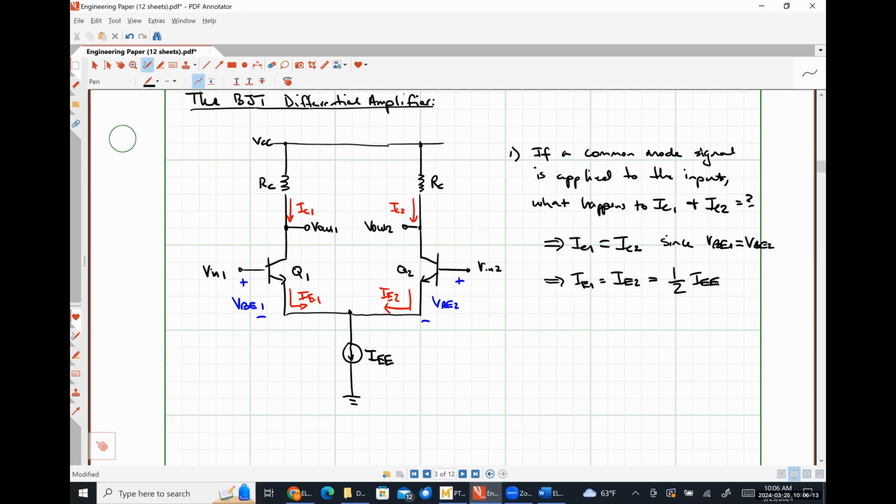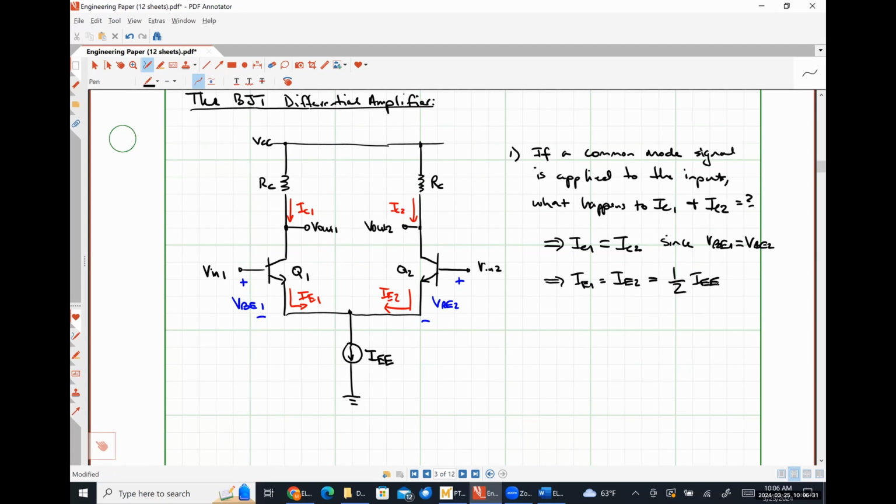The same voltage applied to VN1 and the same voltage applied as VN2. So that's what's forcing VBE1 to be equal to VBE2, which in turn makes IC1 equal to IC2.